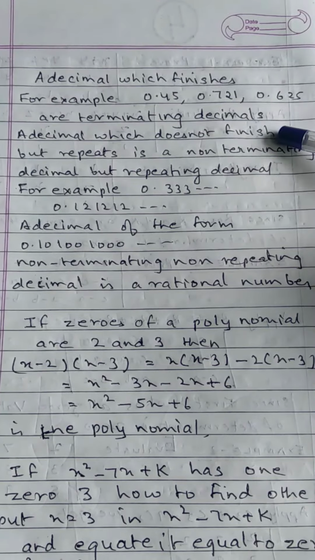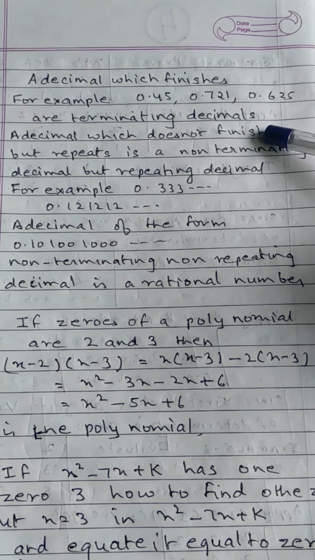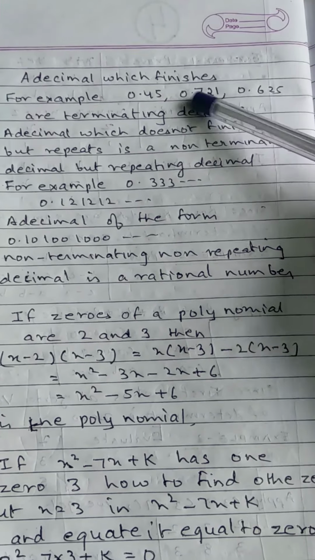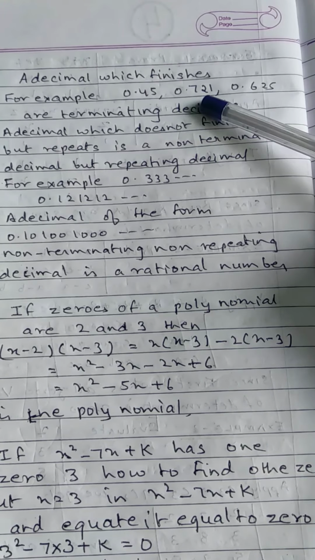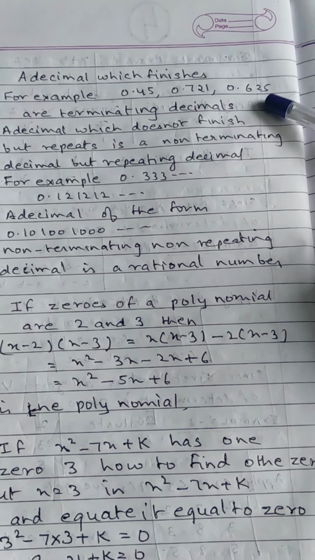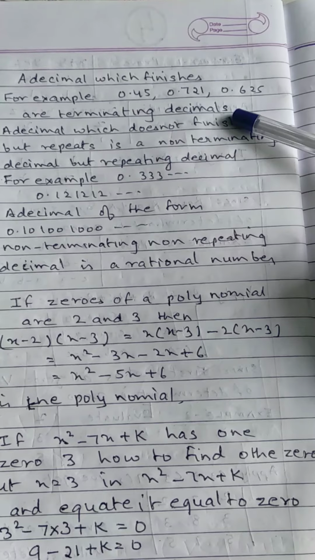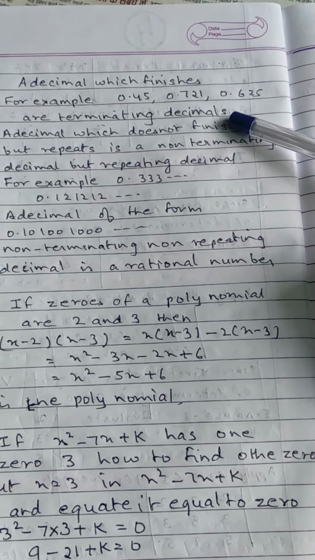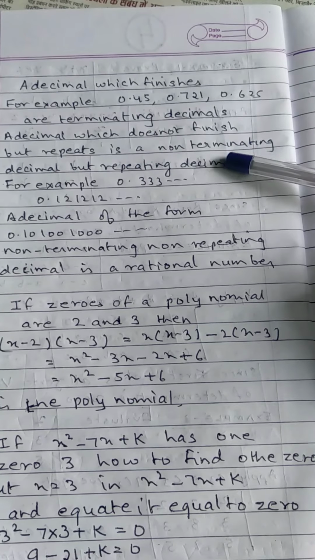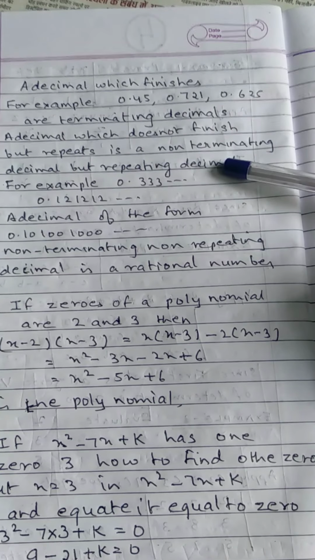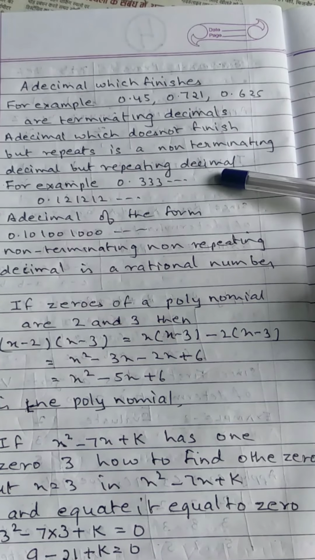Number 5. A decimal which finishes, for example, 0.41, 0.721, 0.625, is known as a terminating or ending decimal. A decimal which does not finish but repeats is a non-terminating but repeating decimal.